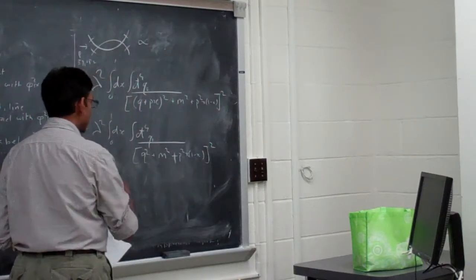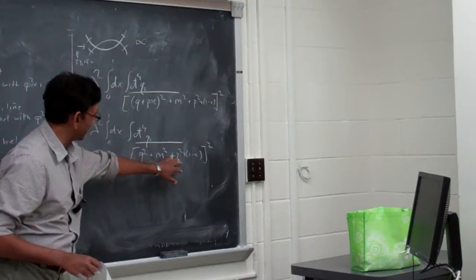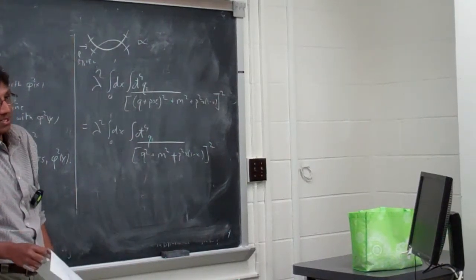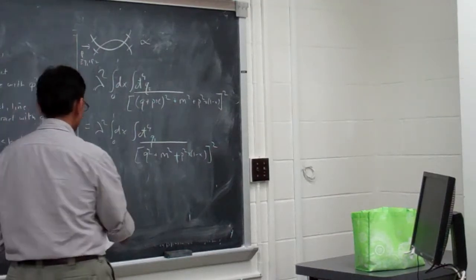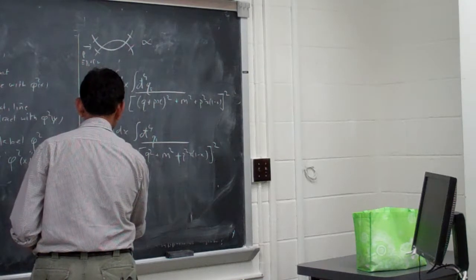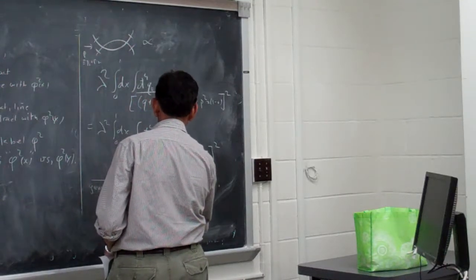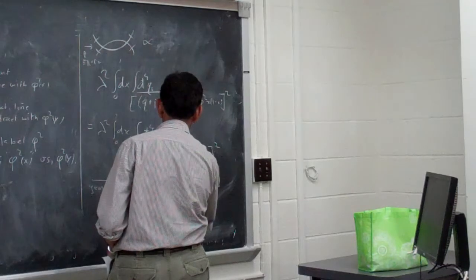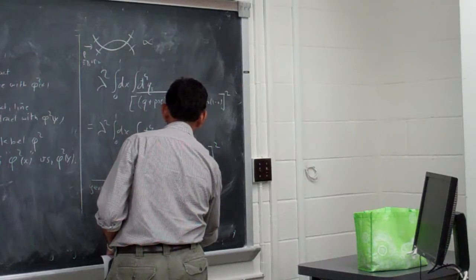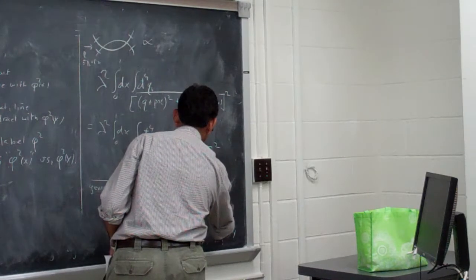So we are about to see that this is a function of m, it's a function of p, but it's also a function of the number of dimensions of space-time, which normally we just set at 4, but we are going to generalize to lambda squared integral dx from 0 to 1, integral d^d q Euclidean, over q squared plus m squared plus p squared x(1 minus x).